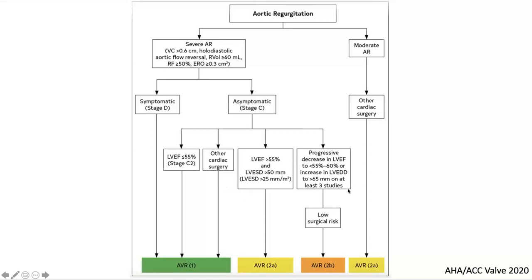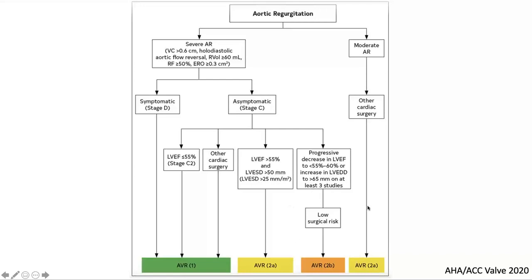In terms of the volumes, end systolic diameter over 50 is where we started to see, especially in that one trial, that mortality jumped to about 19%. So it's important for chamber quantification, watch those volumes. And then they've just added this index score also to consider.